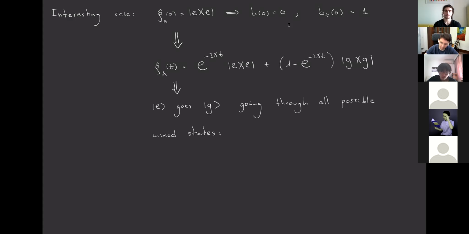So in particular, there is a time, when the time is equal to the logarithm of 2 divided by 2 gamma, okay, then actually the state has a balance between excited and ground. So the probability is 1/2 of being in any of them. So this mixed state is what we call the maximally mixed state in dimension 2.